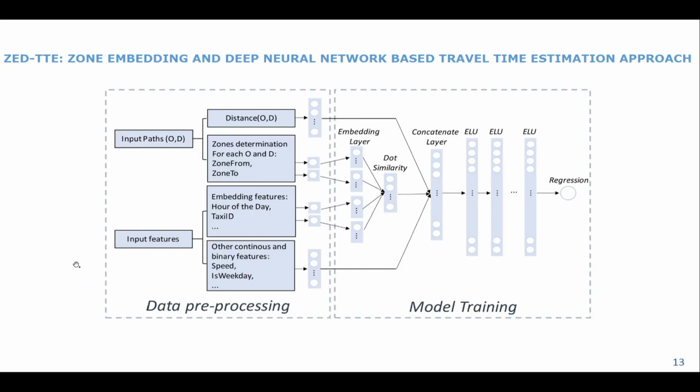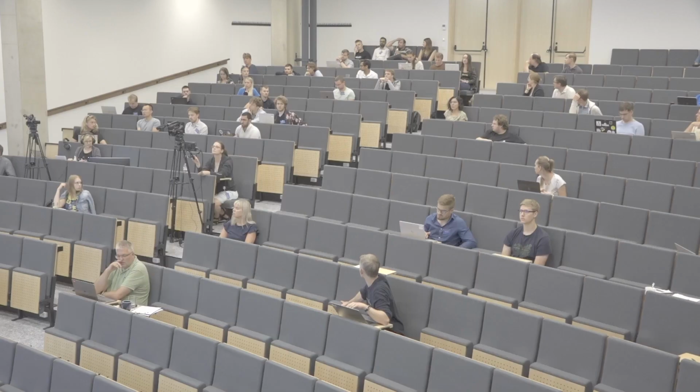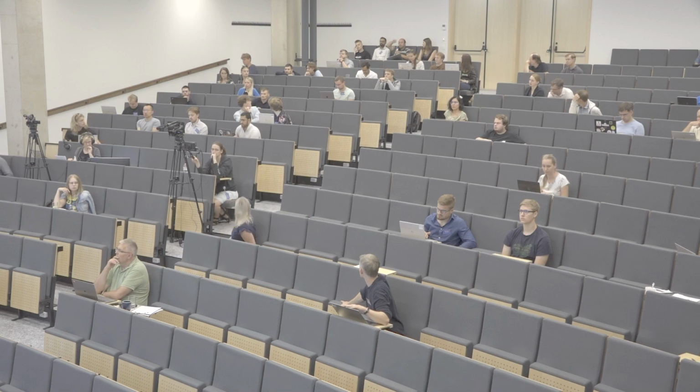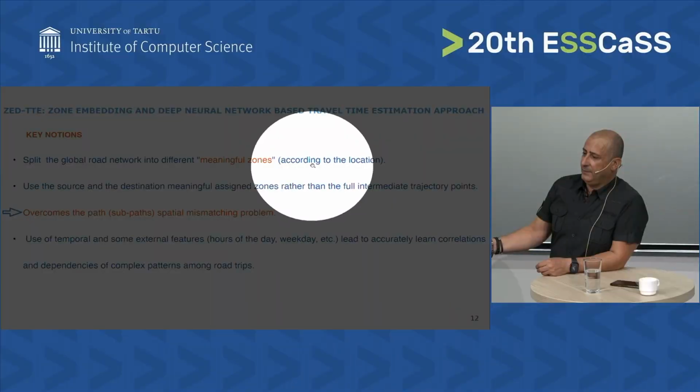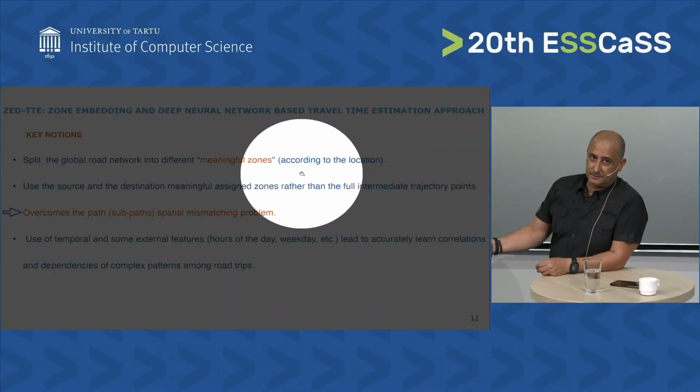Sorry to interrupt. A small question. Yes. Thank you first for the nice introduction with respect to the travel time. I'm curious about those zones. How did you define them? What do you mean? In the previous slides. Yes. Meaningful zones. Yes, meaning we split them according to the location.